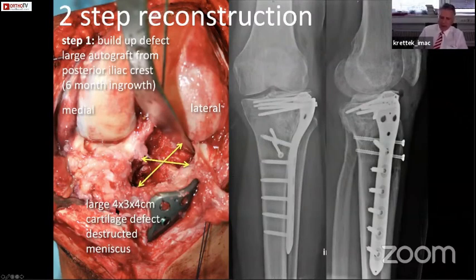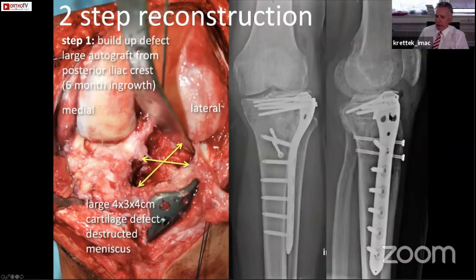So we filled this large 4 by 3 by 4 centimeter osteochondral defect and addressed this way also the non-union she had in the posterior aspects of this proximal tibia.